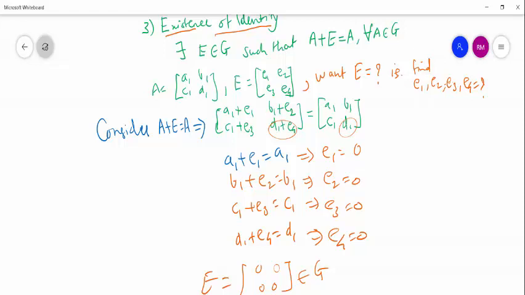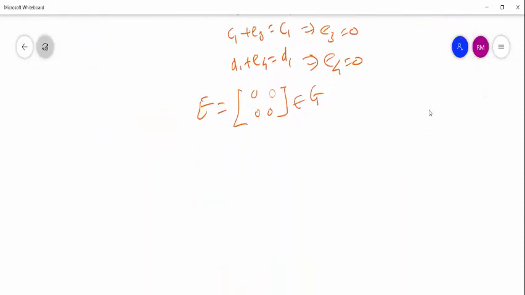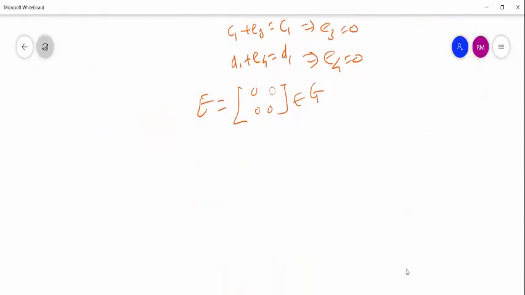Now the last property is existence of inverse.